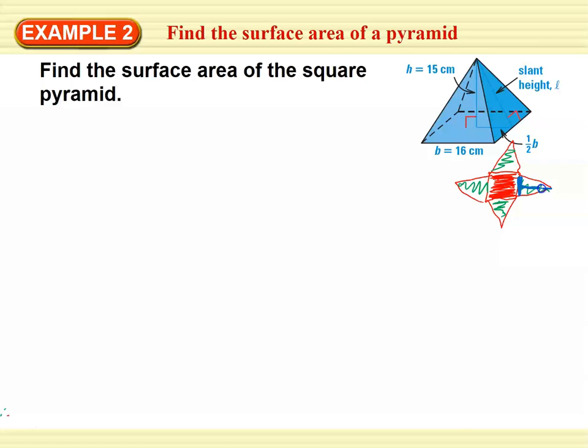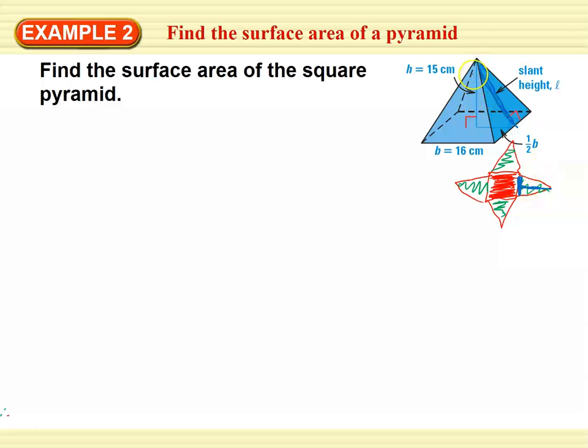But the height of this triangle right here is not the same as the height of the pyramid. And again, I'll explain and show a little more visually why that is in that other video, showing the difference between the height and the lateral height. This height right here is actually the slant height, or the lateral height, which is along here.